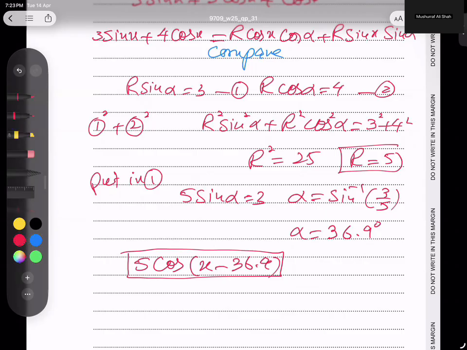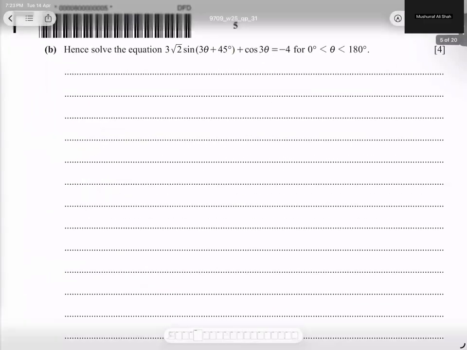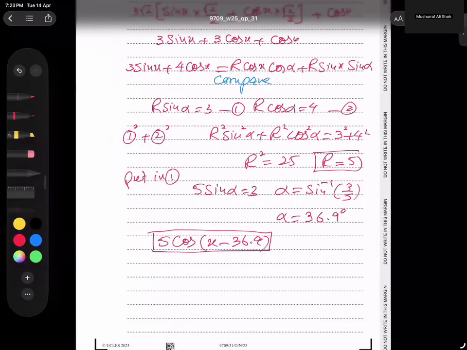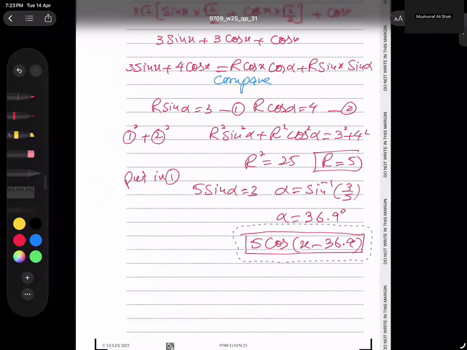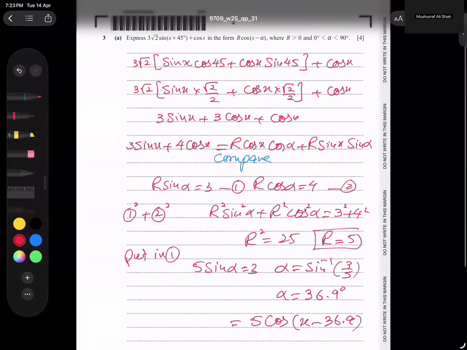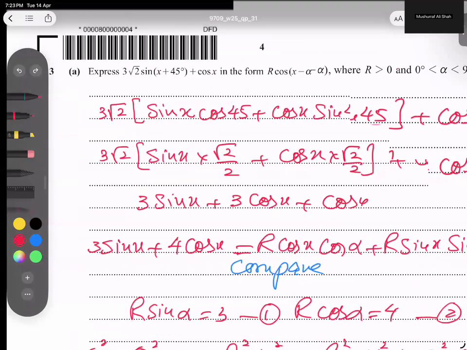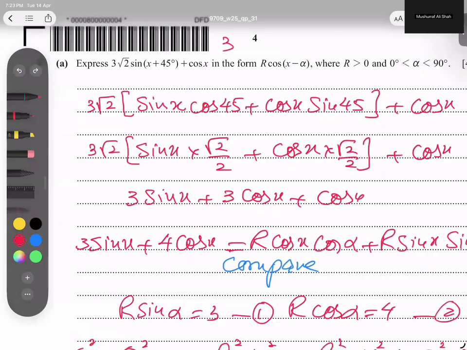Most probably it is connected, so let me check once again. Yes, this is an important part, so that is why I go back. And one thing I want to help you with: as a teacher, I know that sometimes students get issues, so take a look here. Basically, I'm writing this complete equation from the top: 3 root 2 in a bracket sine x plus 45, and plus cos x.